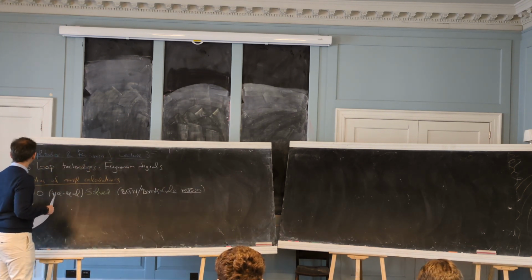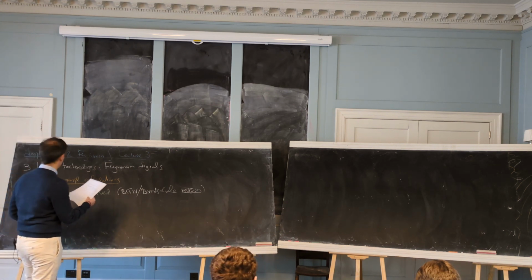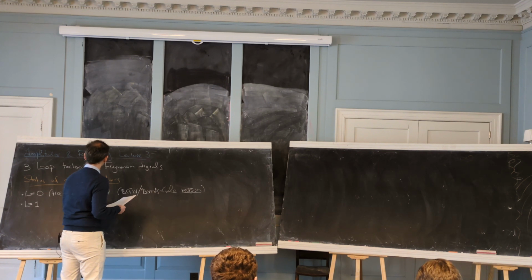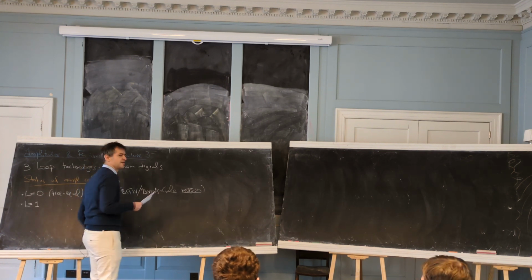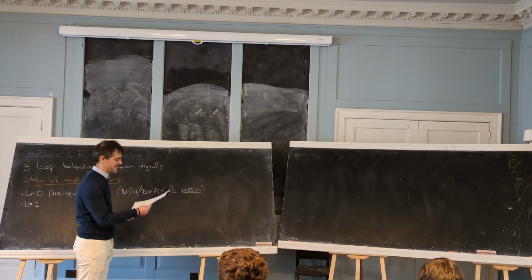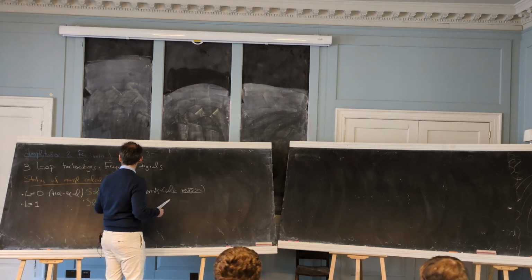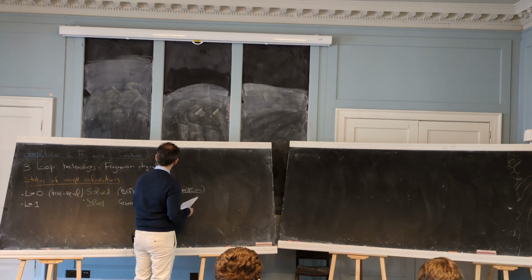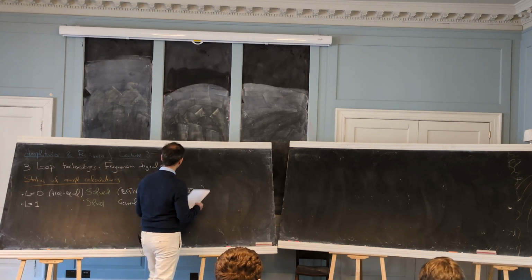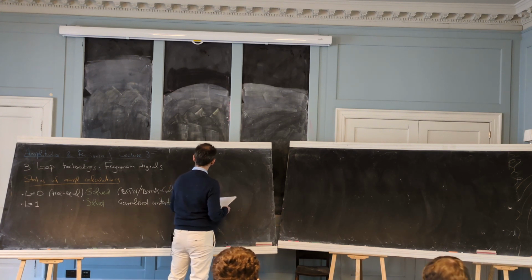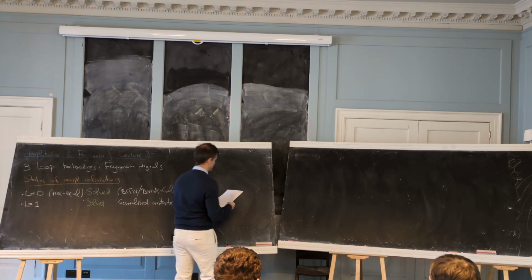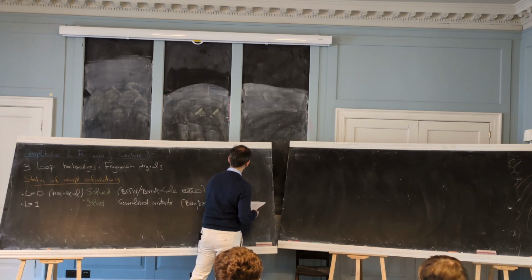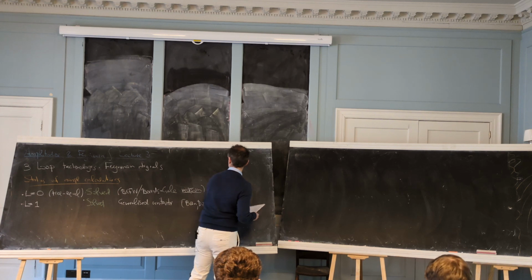Moving on to one loop, it turns out that this story is also solved. And here, the main line of attack is called generalized unitarity. By Bern, Dixon, Dunbar, Kosower, etc.